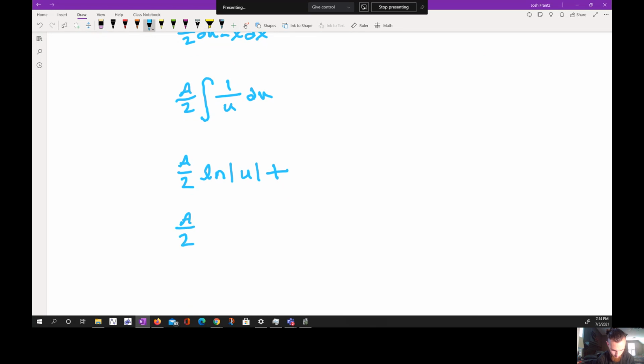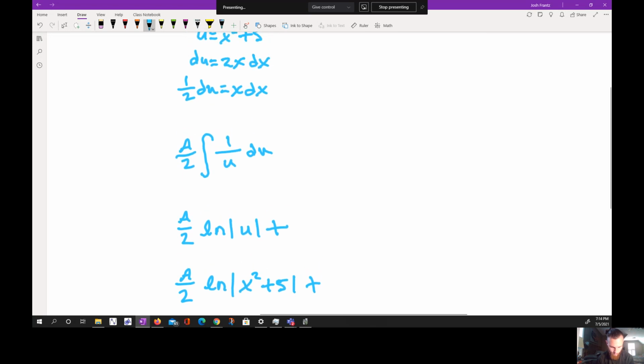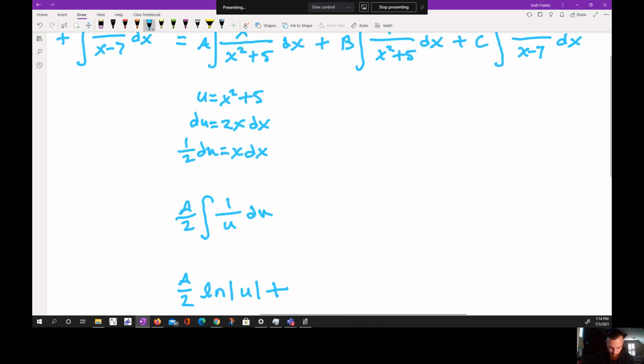And then a over 2 ln absolute value of x squared plus 5, plus, and that'll be how we evaluate that first integral.